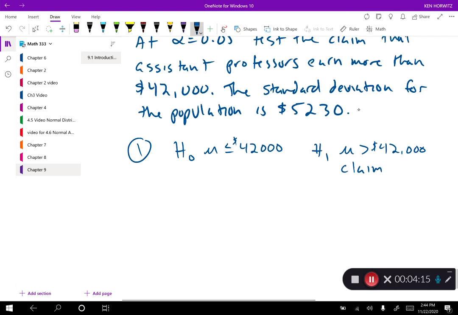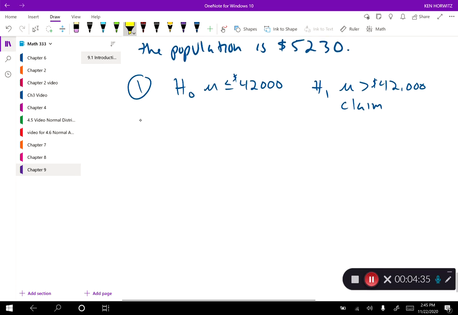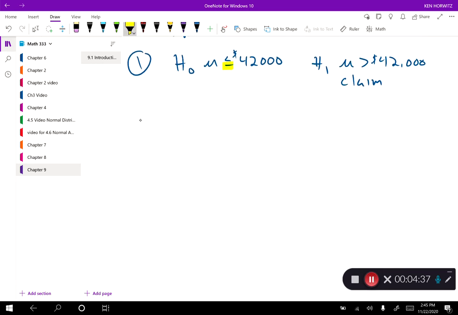How do I know it's my claim? Because in the problem it says at 0.05, test the claim that assistant professors earn more than $42,000 per year. So wherever I put the earn more than $42,000 per year has got to be the claim. Remember, for my null hypothesis, I always want this equals part there. That's going to really be helpful.